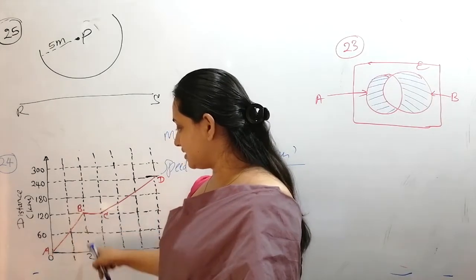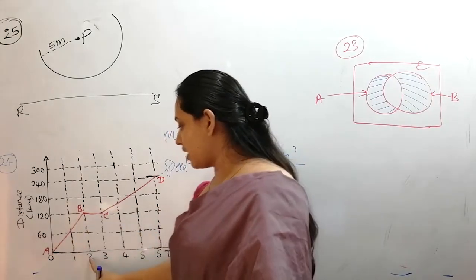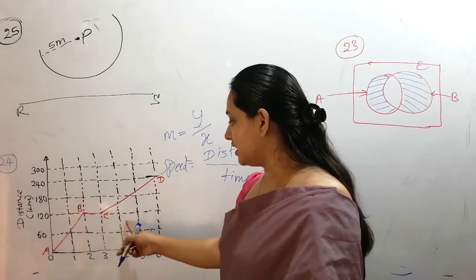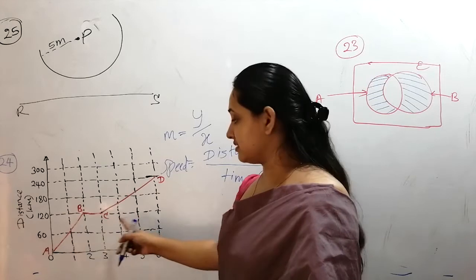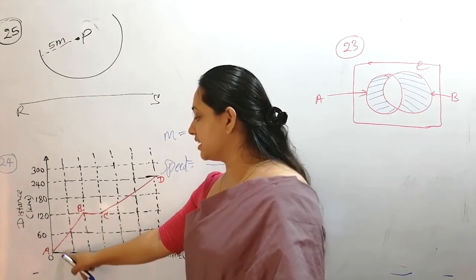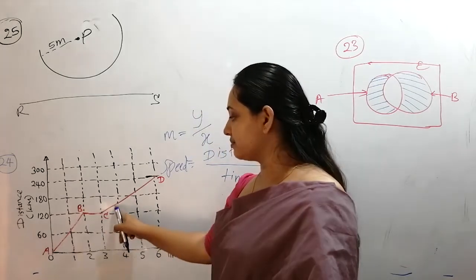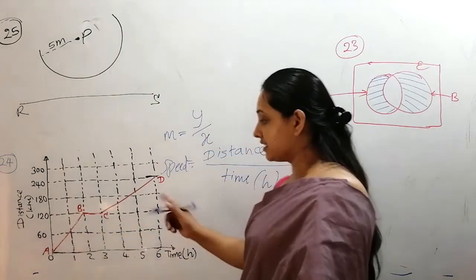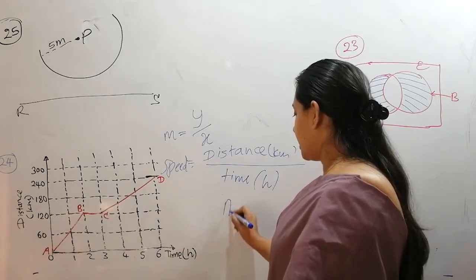This amount of distance is traveled within 2 hours, and the same amount of distance is traveled within 3 hours here. Then the gradient of this part is greater than the gradient of this part.